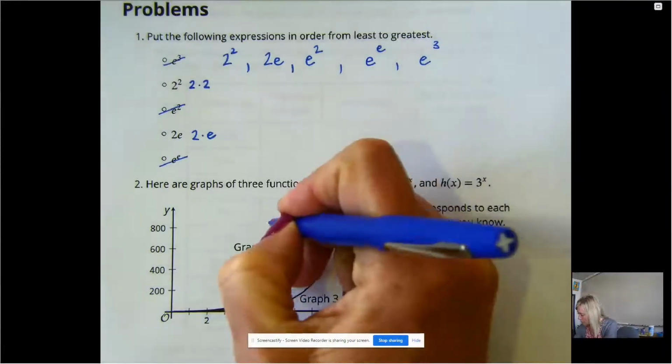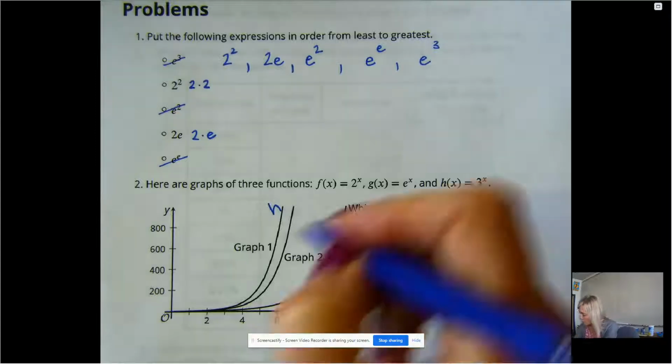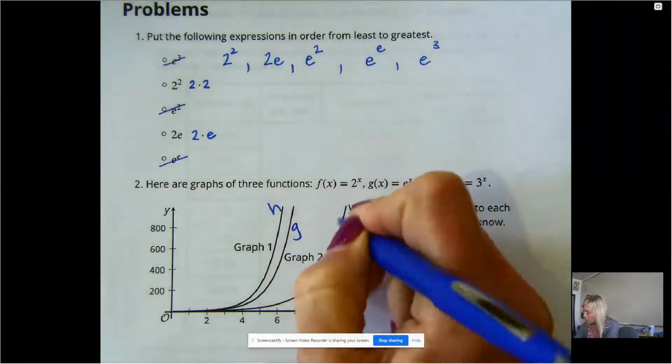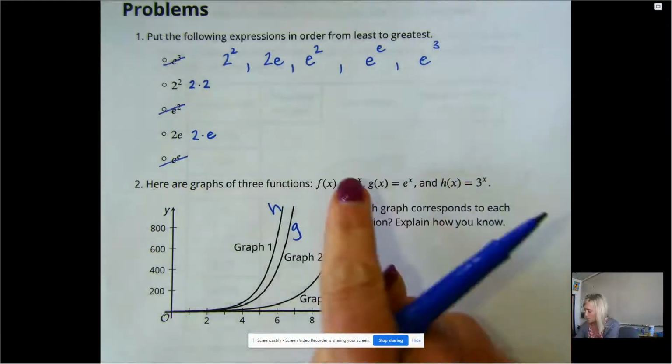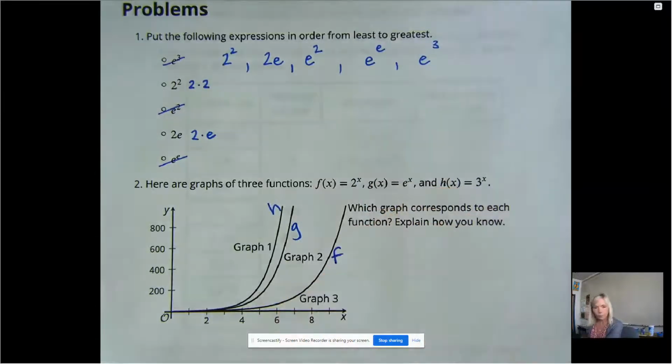So this would be h here, this first one. And then the one in the middle would be g because e, which is about 2.7, is between 2 and 3 in value. So this would be the graph of function g. And then the one that grows the slowest would be the one with the smallest base, which is function f.